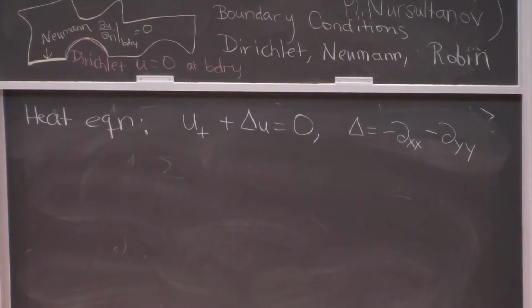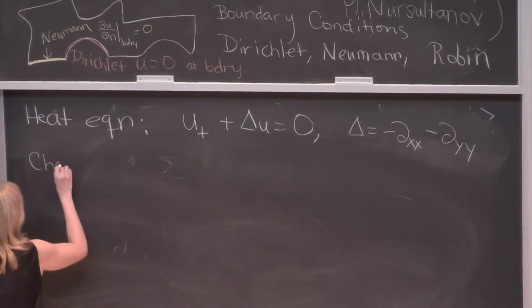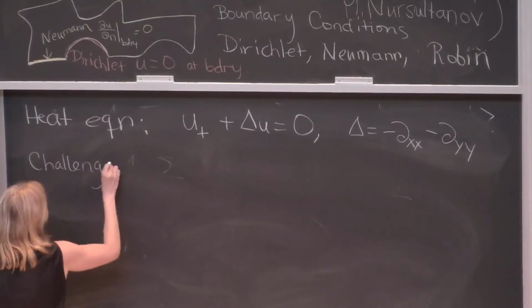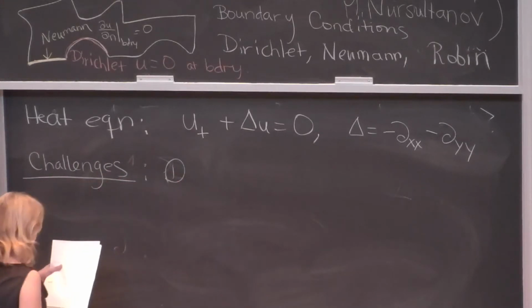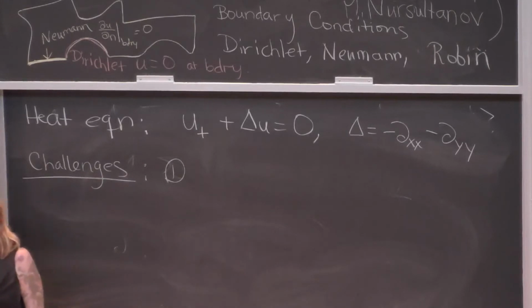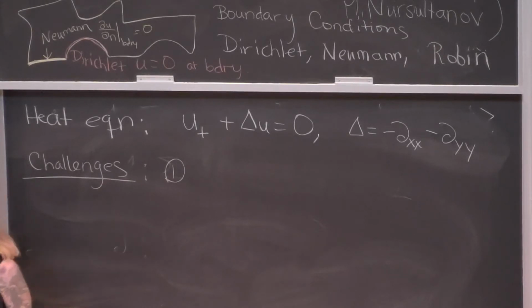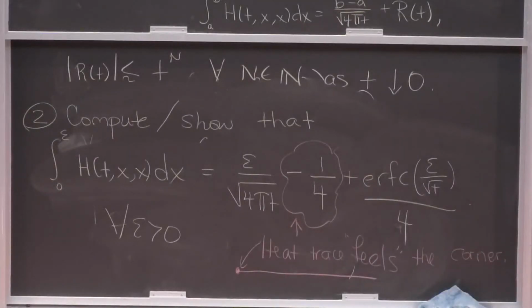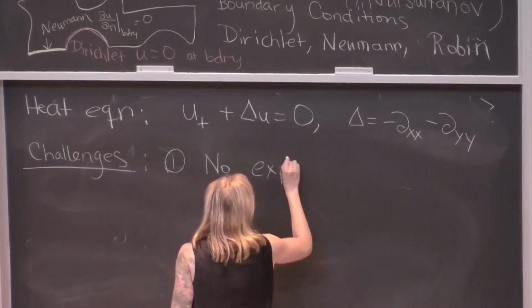So that's our homogeneous heat equation. And now we have a few challenges. Well, the first one is we can't write down an expression for the heat kernel. We can't do like we did over here. That's impossible for that funky thing. So we have no explicit expression.